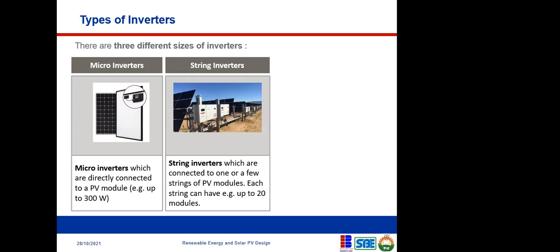So that 10 forms a string. The other 10 form another string. You connect each string to one inverter. That is a string inverter. String inverters are connected to one or a few strings of PV modules. Such a string can have up to 20 modules. You can have 10, you can have 20, depending on the ratings of the inverter and the amount of solar PV power it can take.